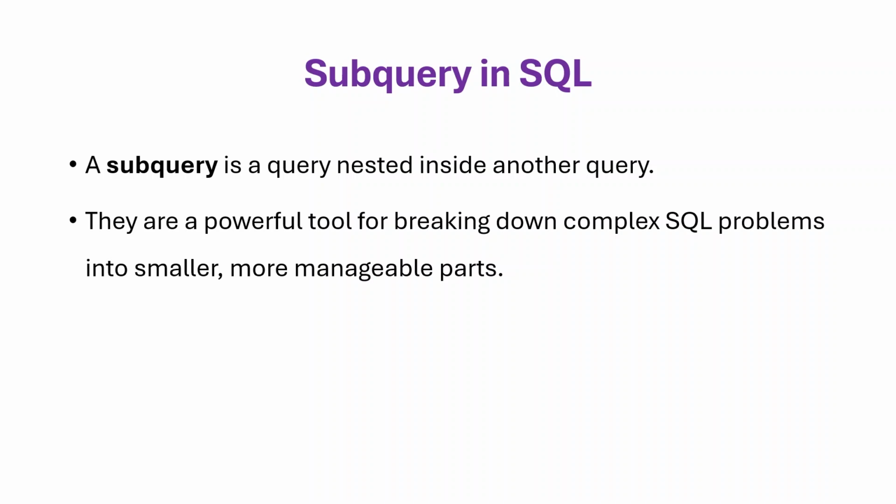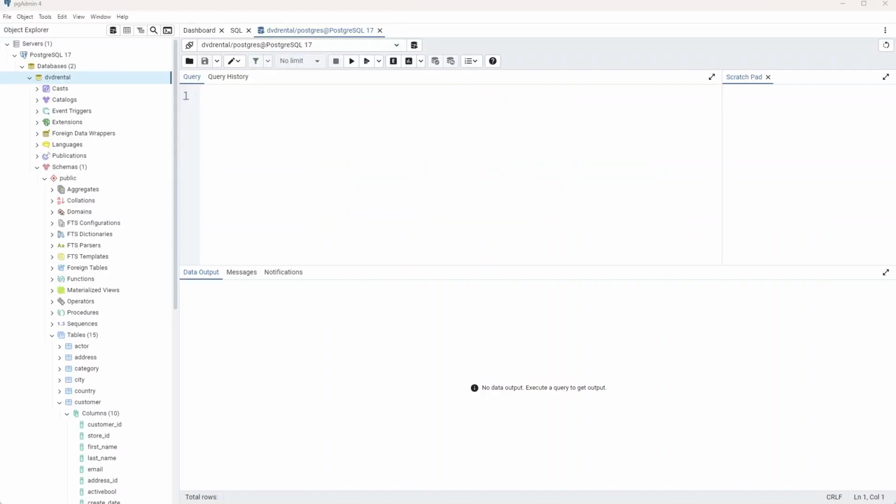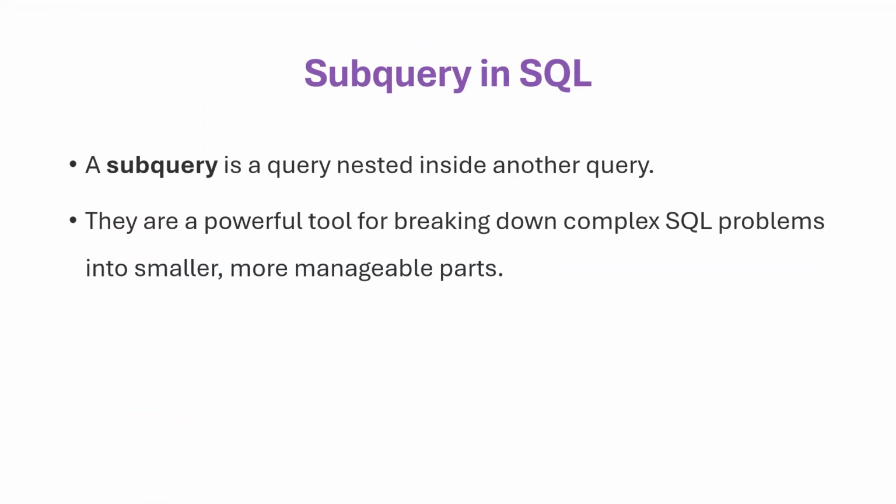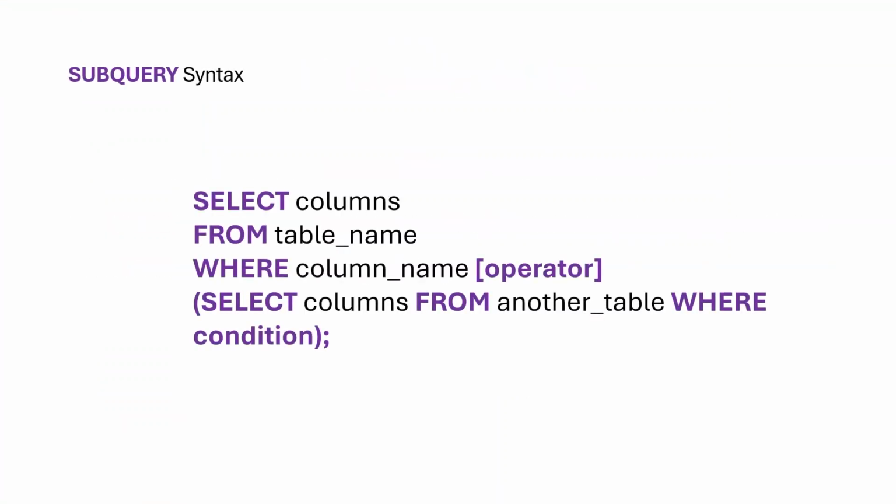So let us go to our pgAdmin and try to run a couple of examples and see how we can use the subquery. But before that, it makes sense to tell you the syntax. The syntax of the subquery is pretty simple. We select column from table where column name, then operator. Where you want to focus is the last line, select column inside the parenthesis.